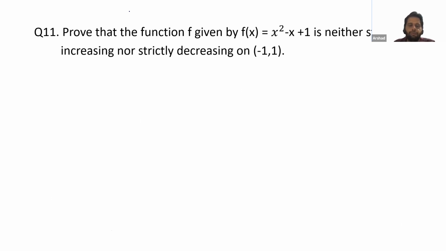Please try this question. Here, please find the critical points. Then you can decide whether this is increasing, decreasing, or neither increasing nor decreasing. I will give you 5 minutes for this.